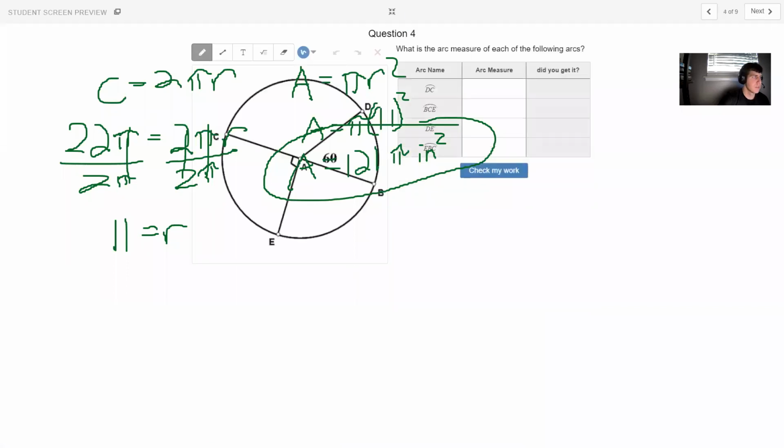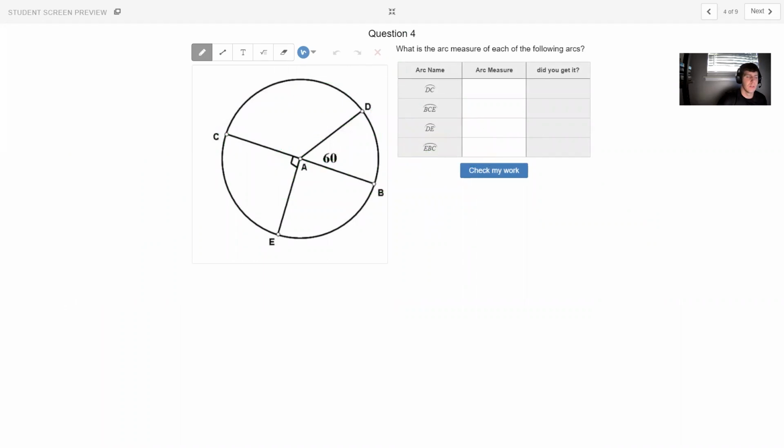Number 4 is arc measure. So they're telling us here the measure of arc DB is 60, and they're telling us the measure of arc CE is 90. So we have to use the semicircles to find the other missing arcs. So the measure of this arc here is 180 because that's half a circle.